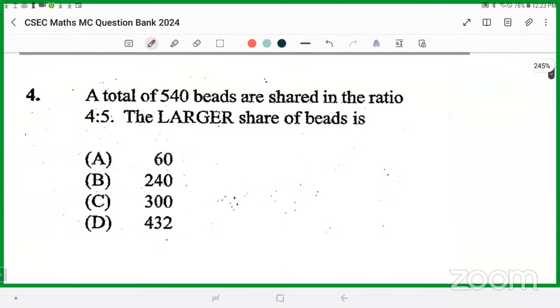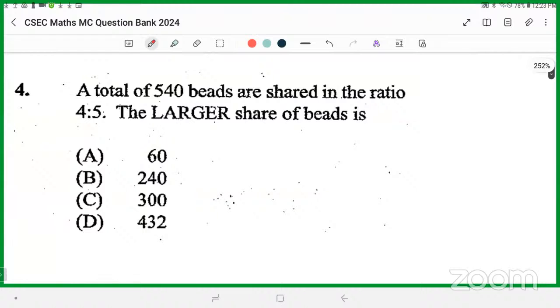This one again: a total of 540 beads, and the sharing ratio is 4 to 5. What is the larger share? The larger share is 5 out of the 9, so it's 5 out of the 9 times the total of 540. You can't use a calculator, so you work it out.